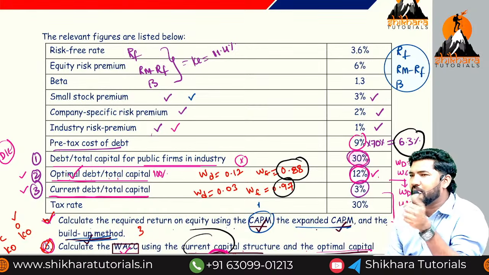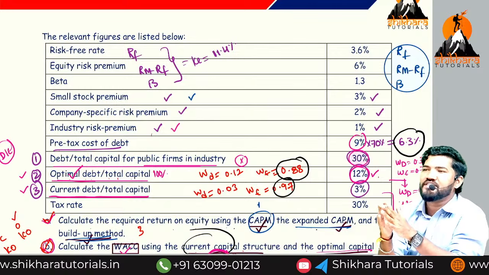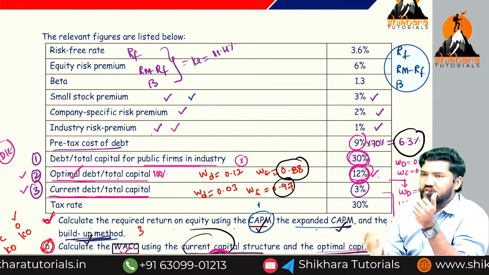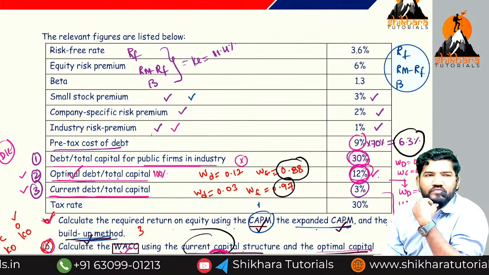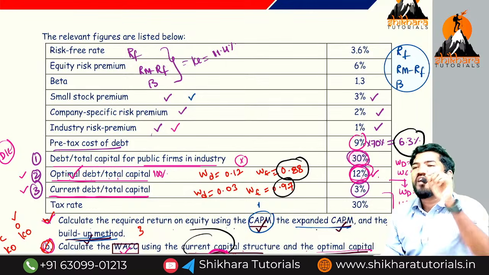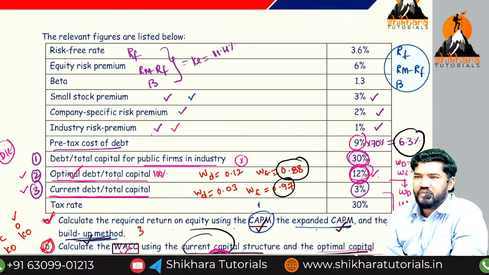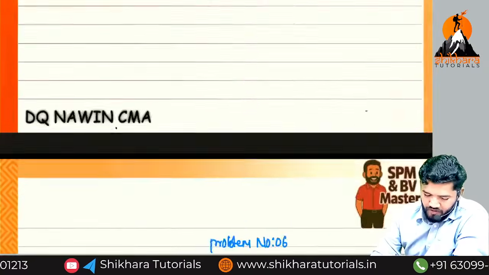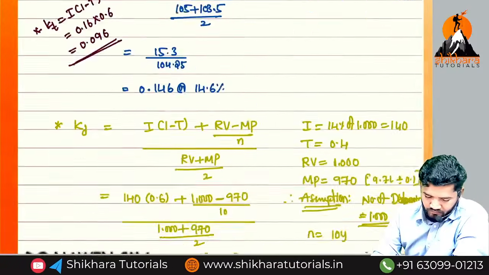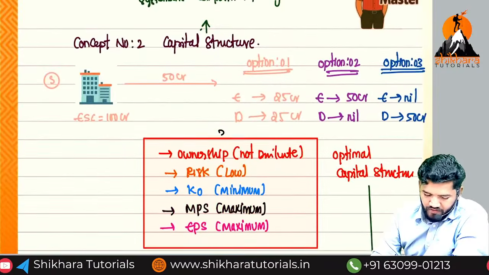But from their company's point of view, the best mix is 88 is to 12. Optimal means best for the organization. Nana, clear, Nana? Okay. Wait a minute, you will get clarity about the optimal. See here.